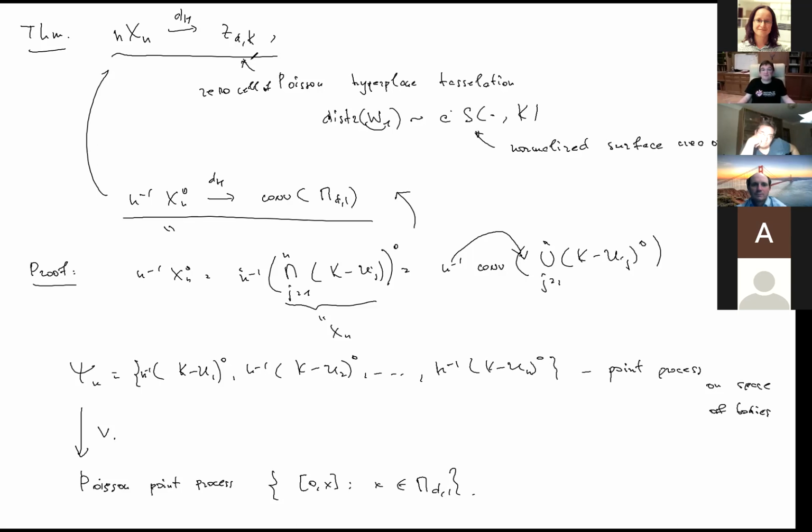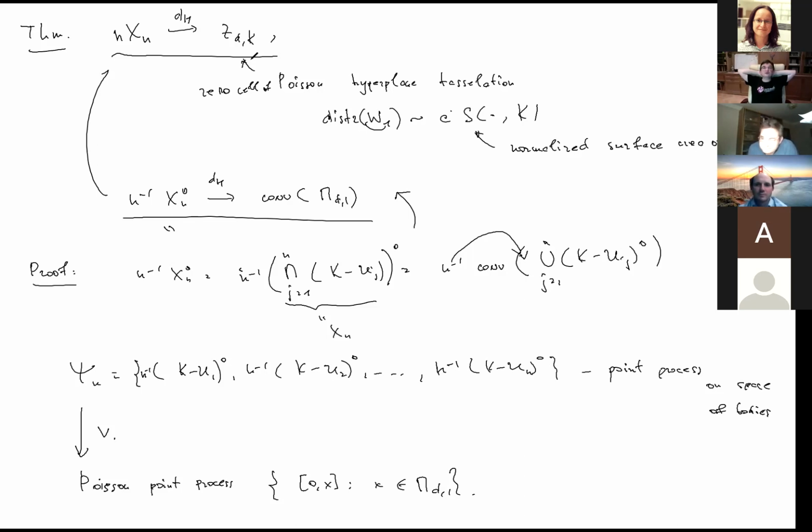Yes, and this is exactly my point. Originally you even consider the convergence of the polar sets, and maybe it is interesting to consider functionals of the polar sets, related to the functionals which can be defined using this Poissonian tessellation.